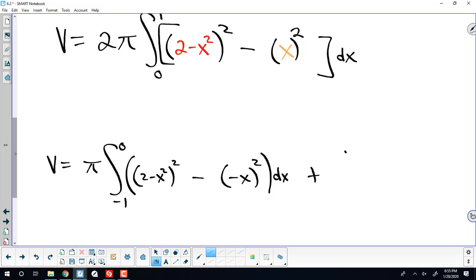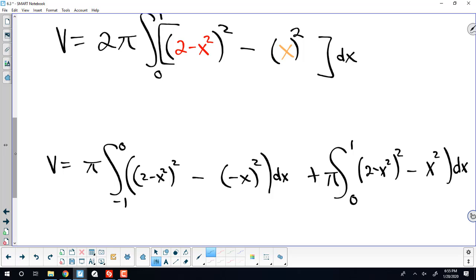And then we have plus the integral from 0 to 1 of pi times what we have. So you see, you actually just have 2 of those. It's the same thing, but this is with both pieces considered.